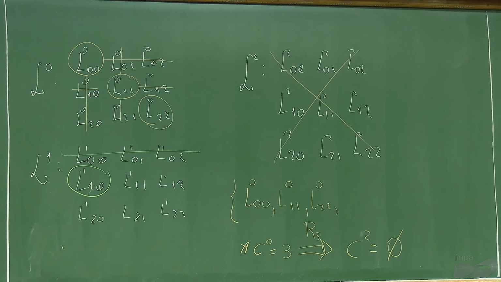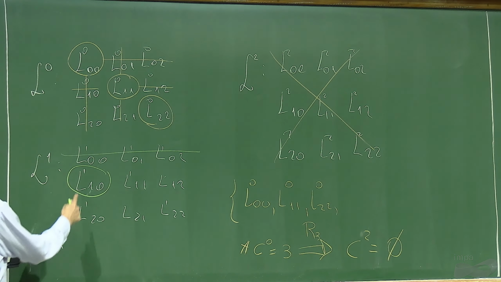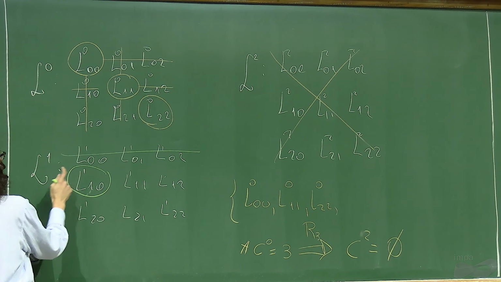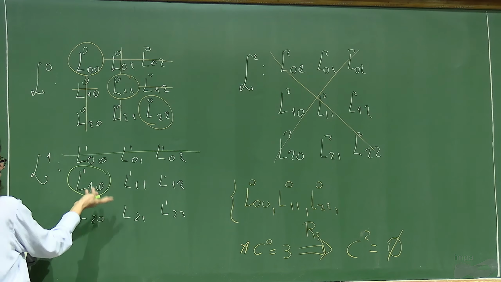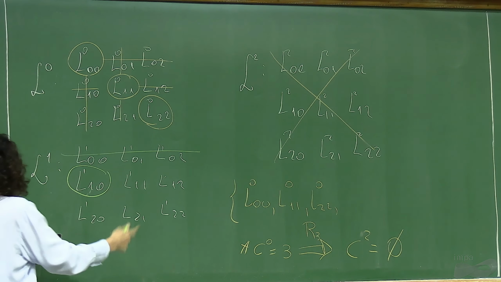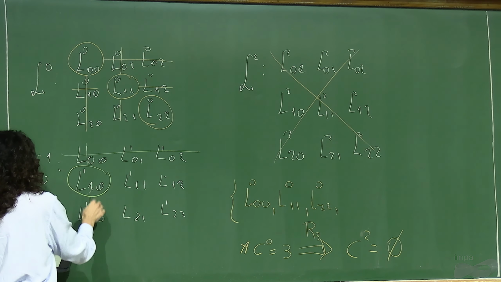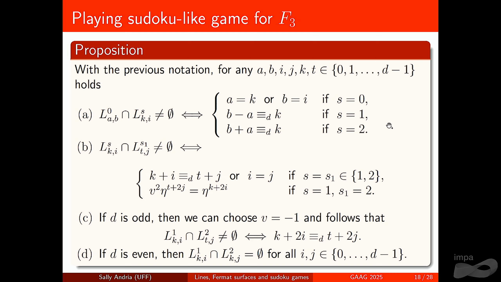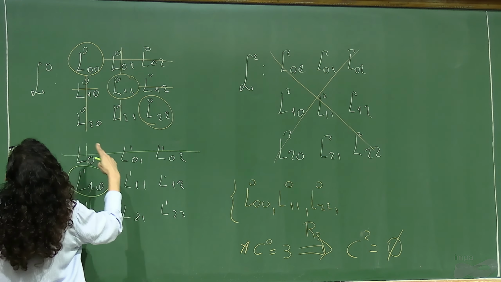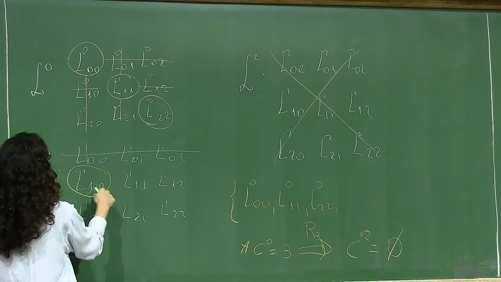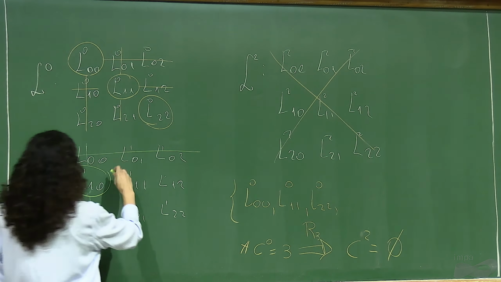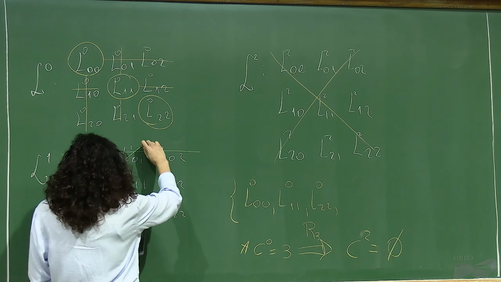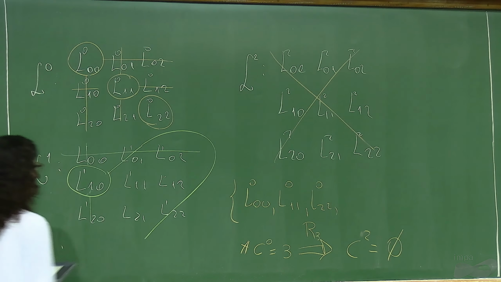When we look now at the conditions in letter B, to choose two lines in L1 that are skew lines, we can't choose this column because E should be different than J, and we eliminate when the sums of the indexes have the same remainder. So we eliminate this, and we eliminate this.